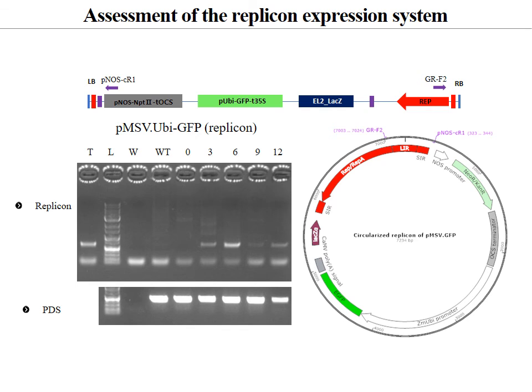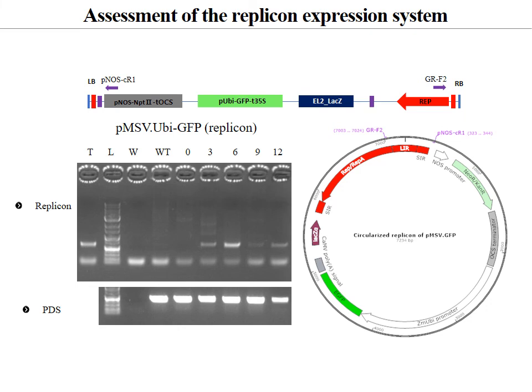And to assess this system, we usually do PCR. So in the linear form, the primer direction is opposite, so it cannot amplify any region. But when it makes the circularized form, we can amplify that LIR and SIR region.